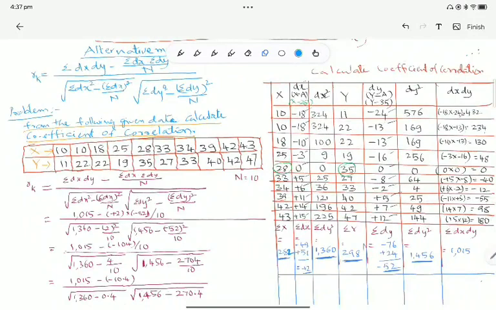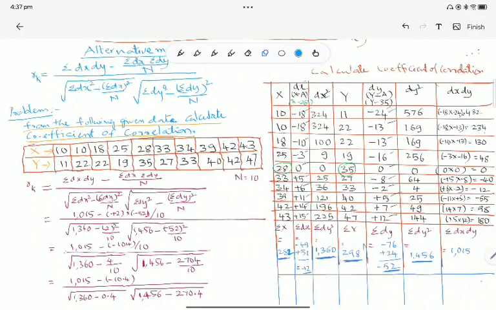Now here the square values. Before that, you take the square value of each one. dx into dx is equal to dx square. 18 into 18, 324. Again minus 18 into minus 18, 324. Minus 10 into minus 10, 100. Minus 3 into minus 3, 9.